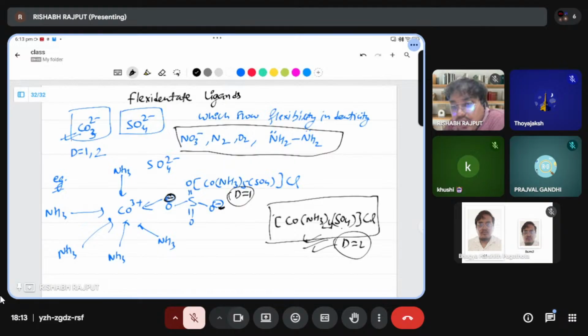Sometimes they will show one, sometimes they will show two also. So you can see here, sulfate is giving denticity one in this formula, but in this formula they are giving denticity two. So that is the case here. Sulfate is flexible here, and it depends on the coordination compound. So that is why we call them flexidentate ligands.